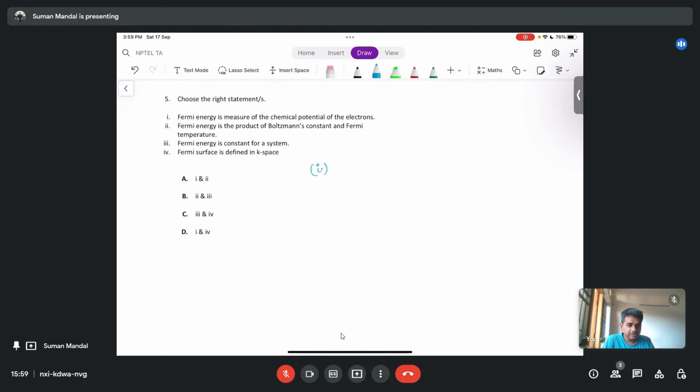So chemical potential we know. If there are two materials in contact, and this is the energy level of electrons, the electrons can move here because the chemical potential difference is there.